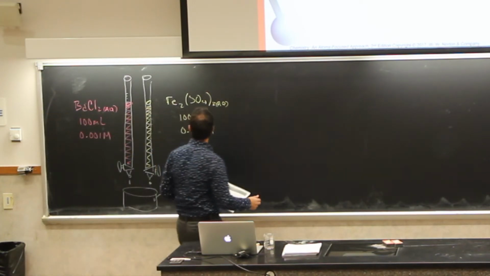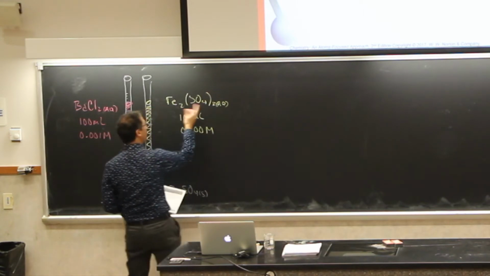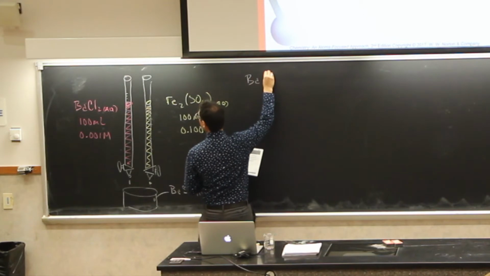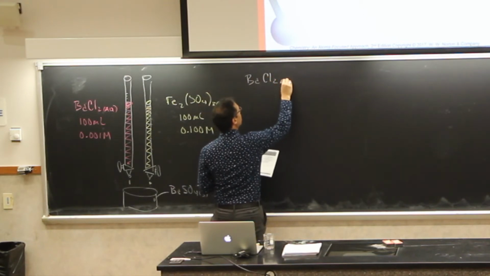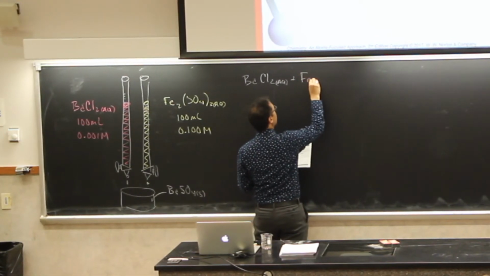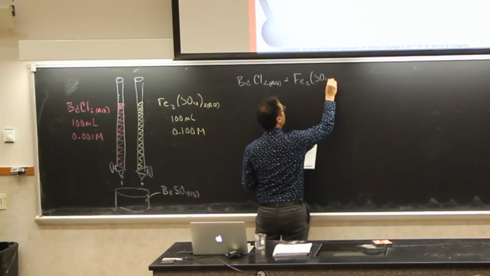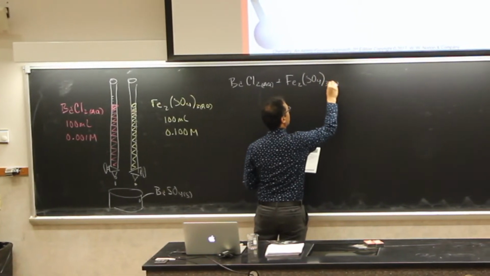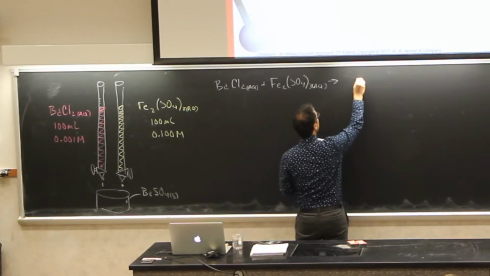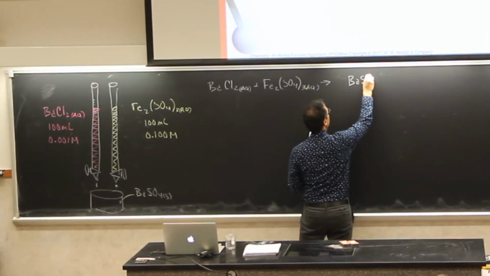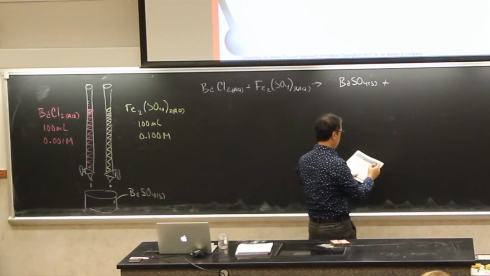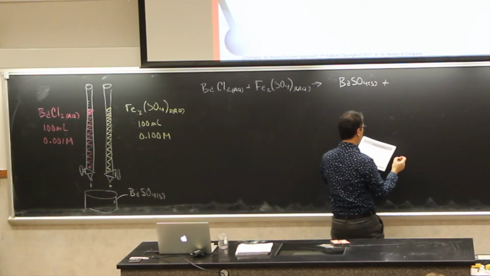So my chemical reaction is going to be barium chloride plus my iron 3 sulfate, and this is going to give me barium sulfate, and what's left over is going to be iron ions and chloride ions.